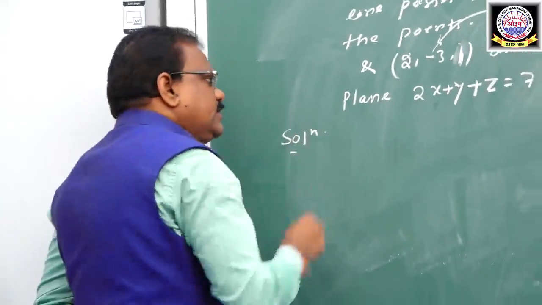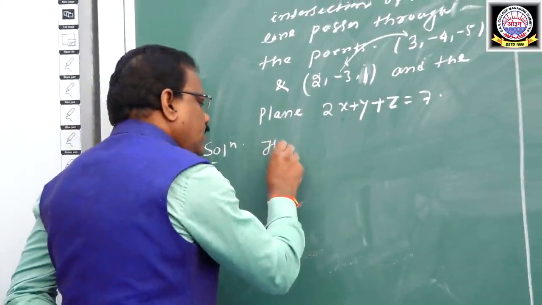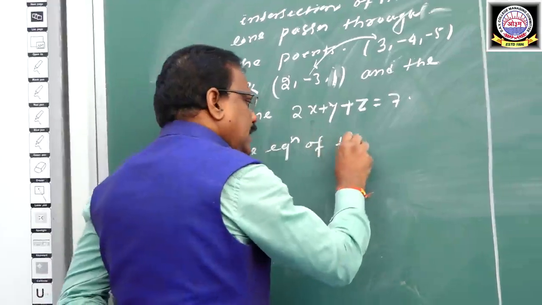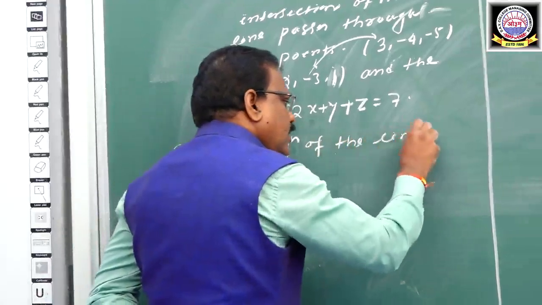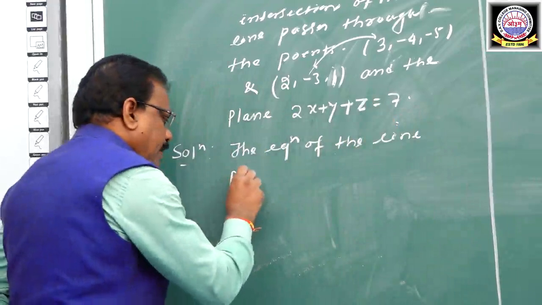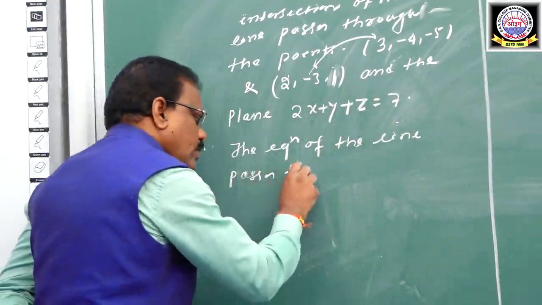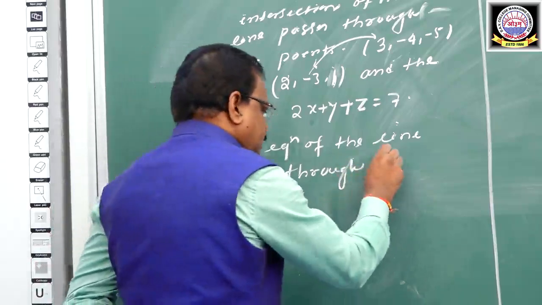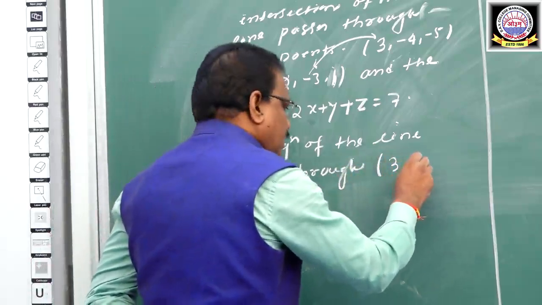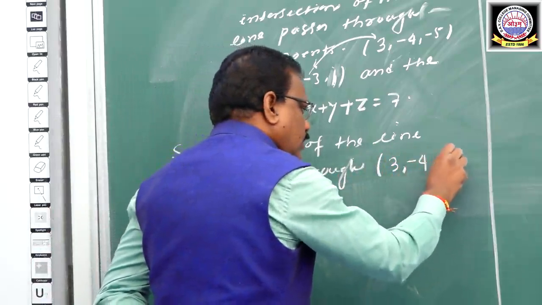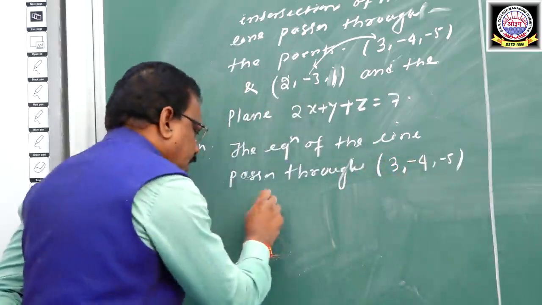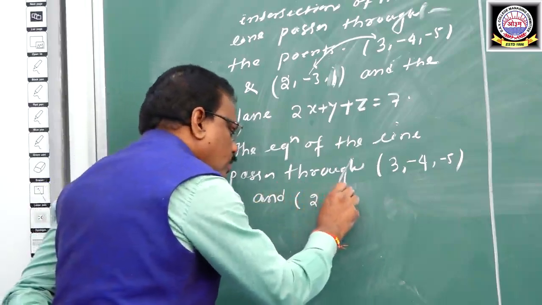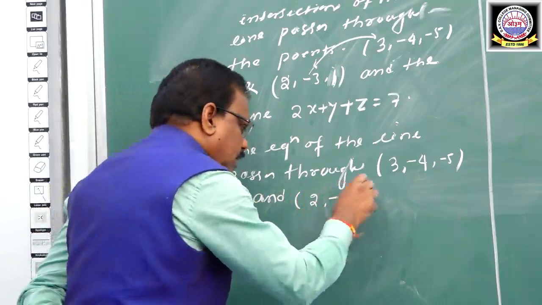First we have to write the equation of the line passing through the points 3, -4, -5 and 2, -3, 1.